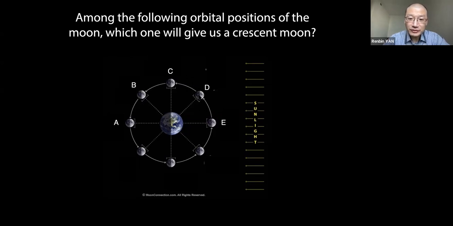So it doesn't have to be 45 degrees. I would just say that anywhere between 0 degrees and 45 degrees away from the sun, you will see a crescent moon. So this is the correct answer.